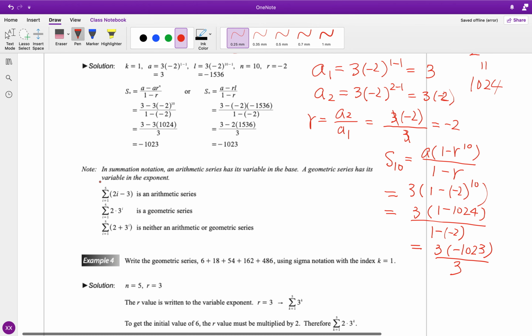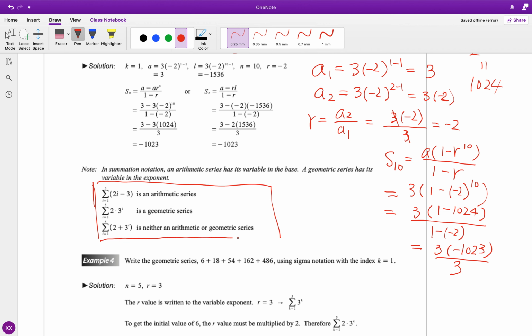Now this one, please note. We talked about that if each term is a linear function, then this is an arithmetic series. And look at this.